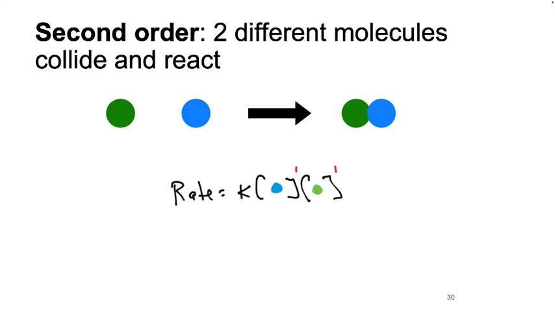Isn't that exponent 1? Shouldn't that be a first order reaction? It is first order with respect to each reactant, but there are two reactants. So the overall order is the sum of the exponents. It still comes out to be 2. Make sense? Cool. What happens if I add a third ball?